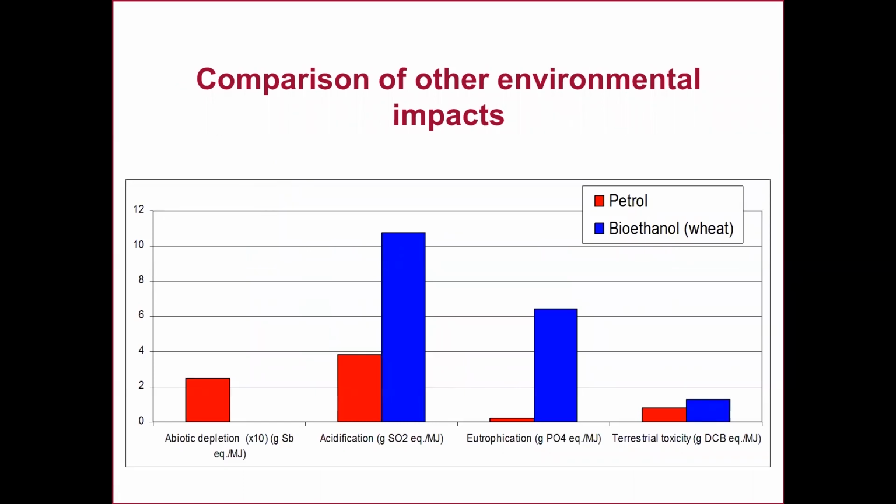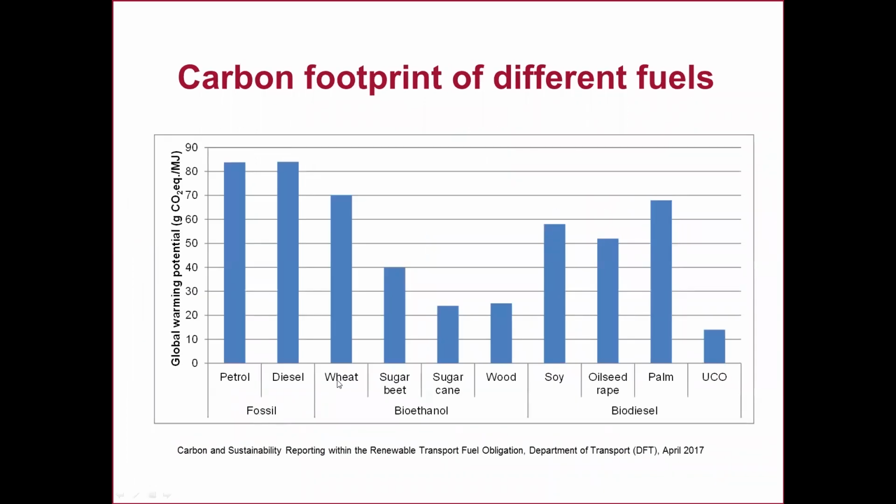Often the carbon footprint gives, as I was saying, only a smaller picture of the impacts. There could be other impacts as well. We may be reducing the carbon footprint, but we may increase other impacts. As an example, in the previous example we saw that wheat bioethanol can reduce some emission compared to petrol on a megajoule basis.